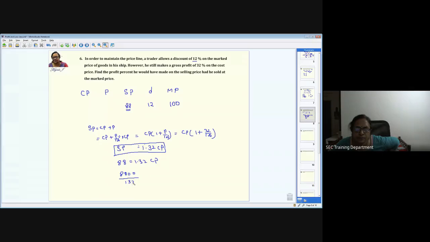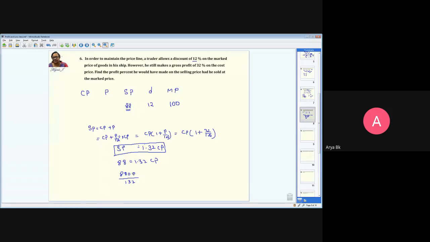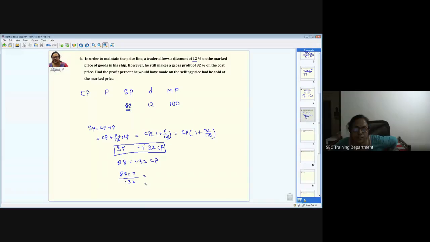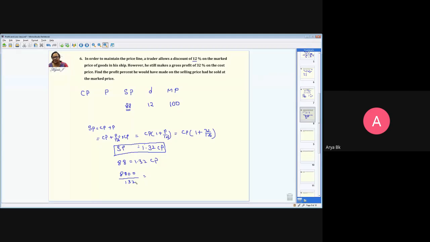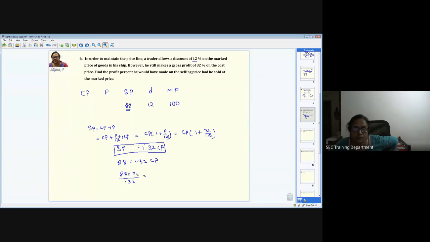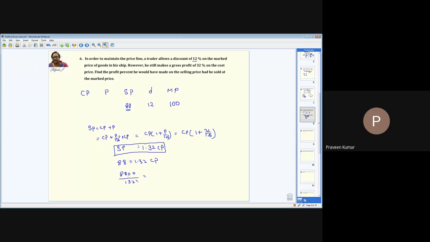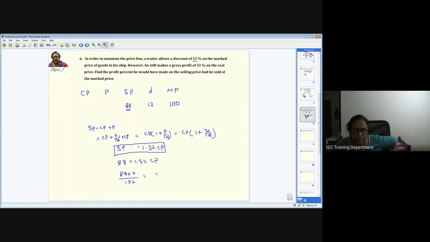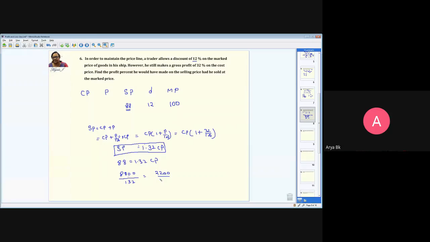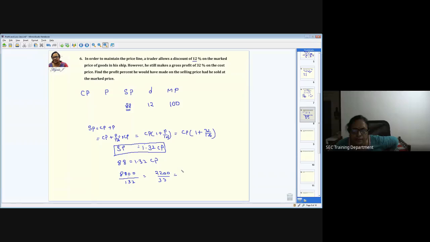66.6? It's 66.66, a fraction. I don't know the value exactly, let me calculate. 88 divided by 1.32 becomes 8800 by 132, which simplifies to 200 by 3.